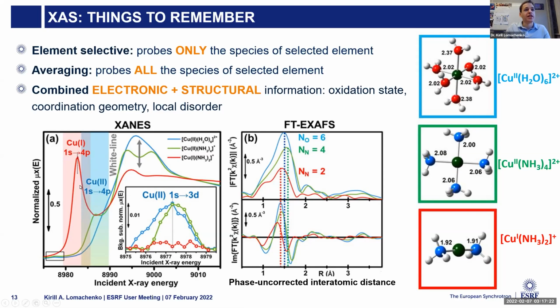So what you see on the left panel is that the XANES spectra of all 3 of them are very different, because basically everything about them is different, apart from that they contain copper, right? The symmetry is different, the oxidation state for 2 of them is different, the number of ligands is different. So the XANES spectra are different.